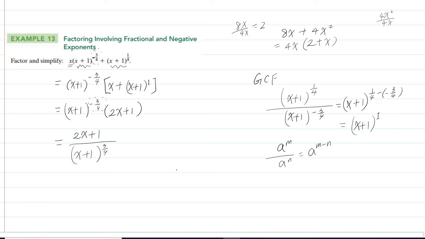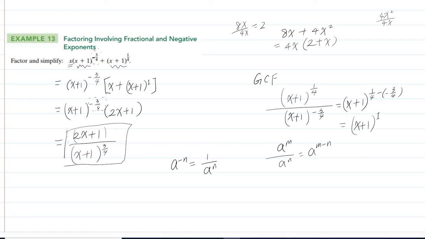How can you know that? Because if you have a to the negative nth power, it's the same thing as 1 over a to the nth power. So that's the reason why we can bring this whole thing to the denominator, and then the 1 just disappeared. That's why that is your final answer.